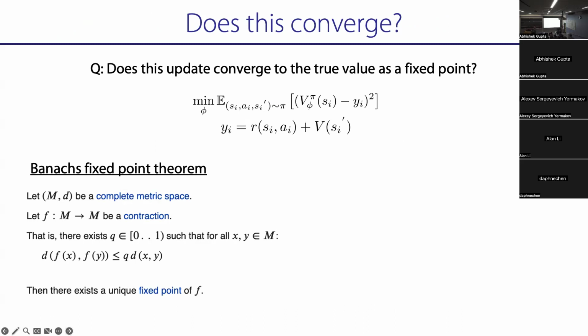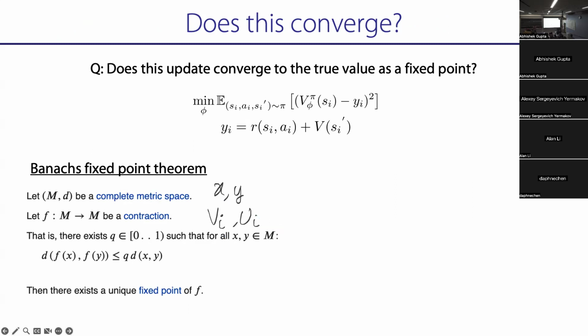What this is saying is that if I have some x and some y, which are just two elements, in our case x and y are going to be two value functions, so let's call them vi and ui. They're two different candidates for a value function.